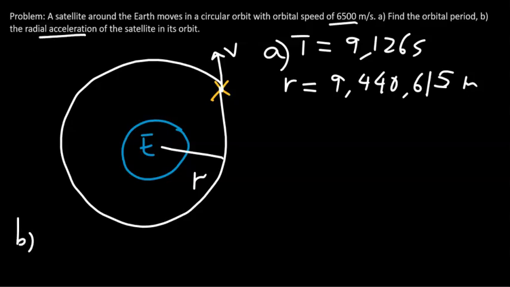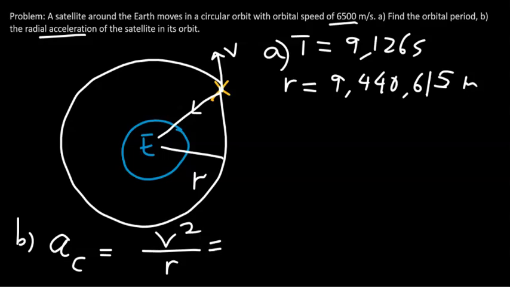The radial acceleration is heading towards the center, and that is known as the centripetal acceleration of the satellite towards the center of the Earth. That's given by the square of the orbital speed over the orbital distance, both of which we know.